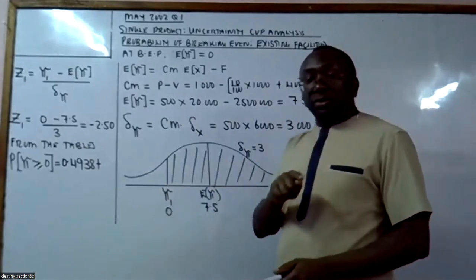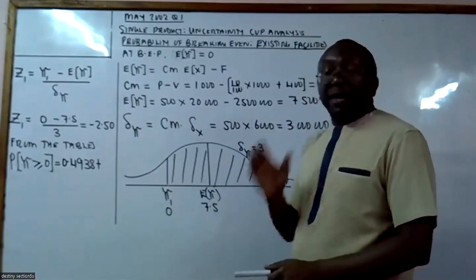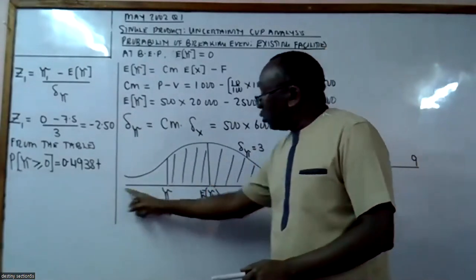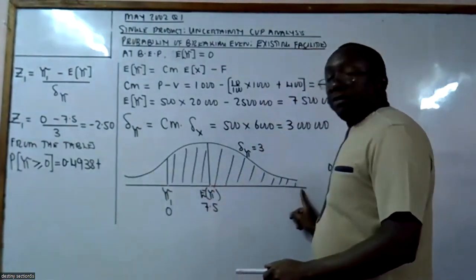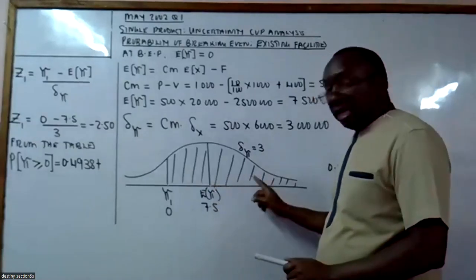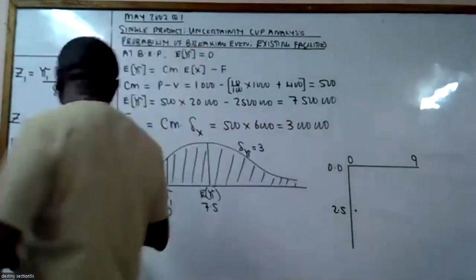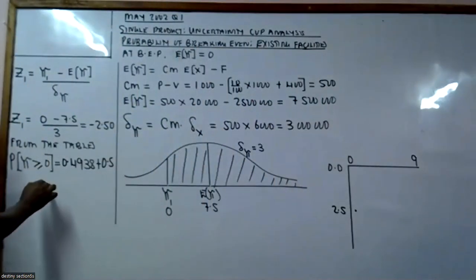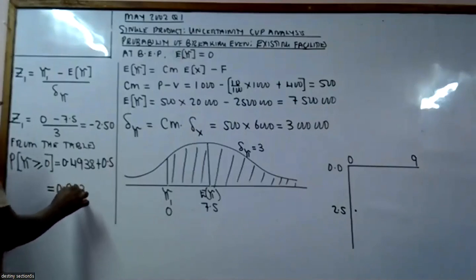You remember I told you the other day, normal probability is called normal because it's symmetrical, divisible into two equal parts. So from here to the end is 0.5. Now that we want everything, you can see it's shaded everywhere, so we add 0.5. This gives us a probability of 0.9938.